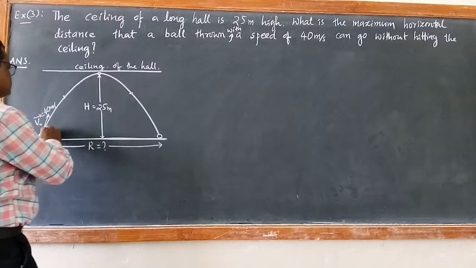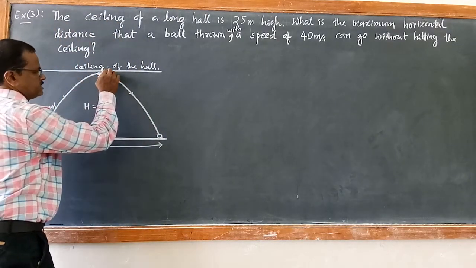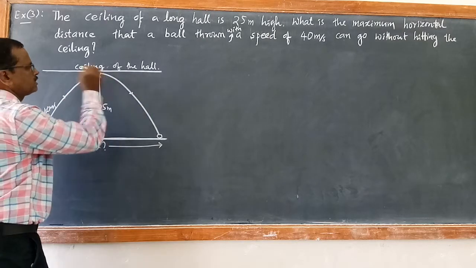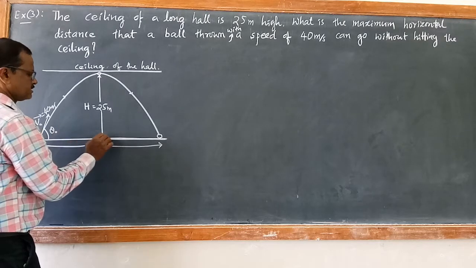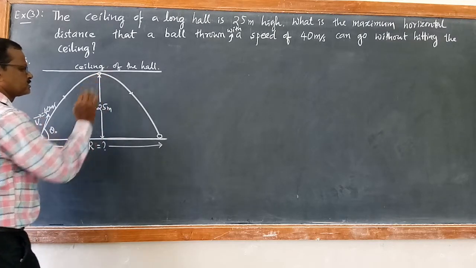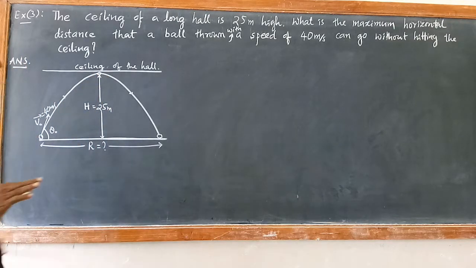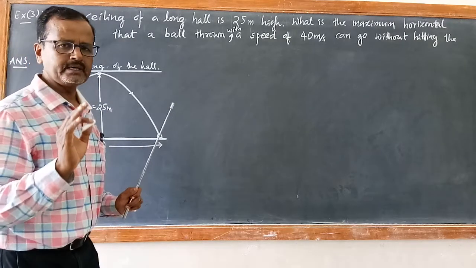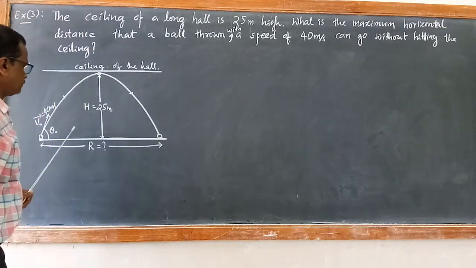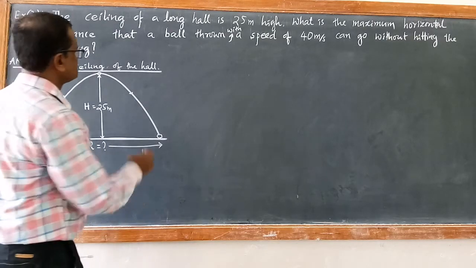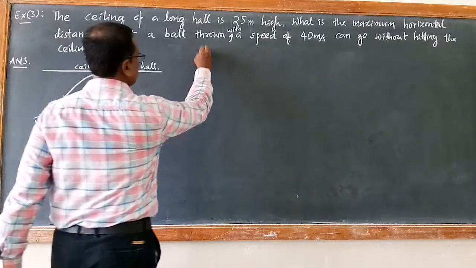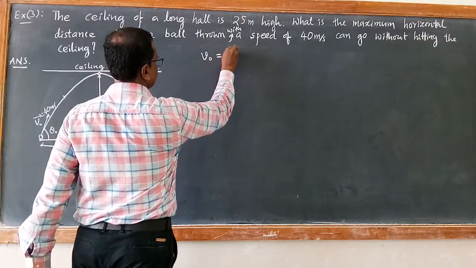That means the ball is almost touching the ceiling, but it is not hitting the ceiling. So the maximum height covered by the ball must be 25 meter. So we know the given things: V0 is equal to 40 meter per second.